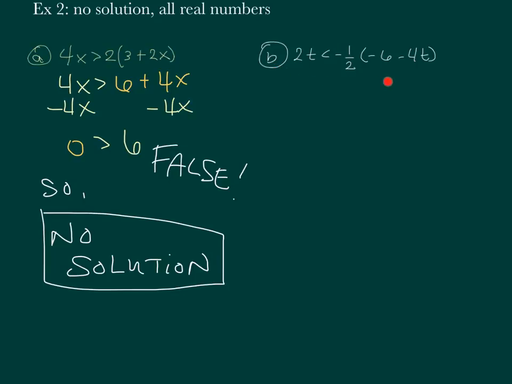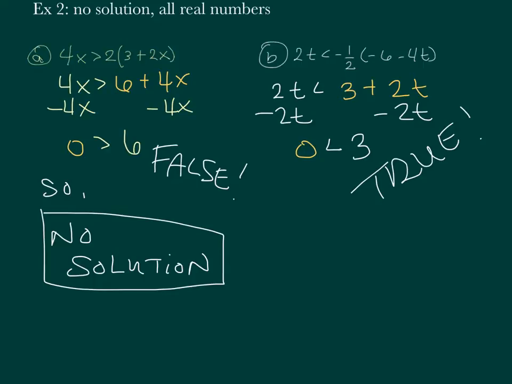Now let's look at this other part to the example. Got a new inequality, and I'm going to follow similar steps that I did over here and just quickly come up with my solution.